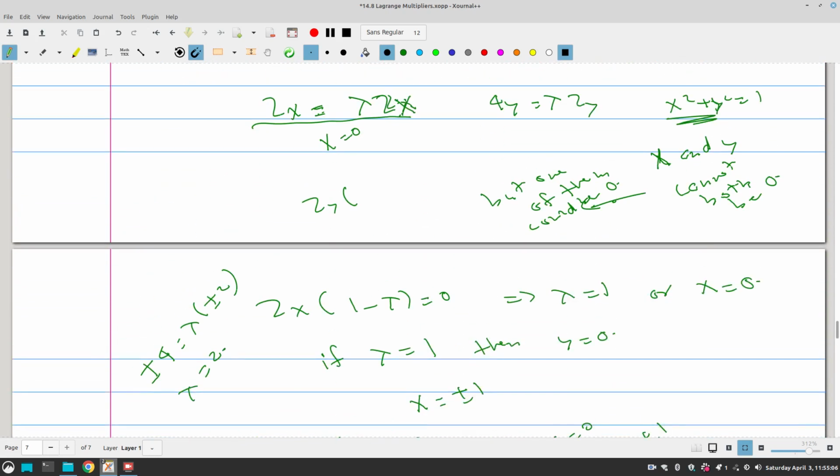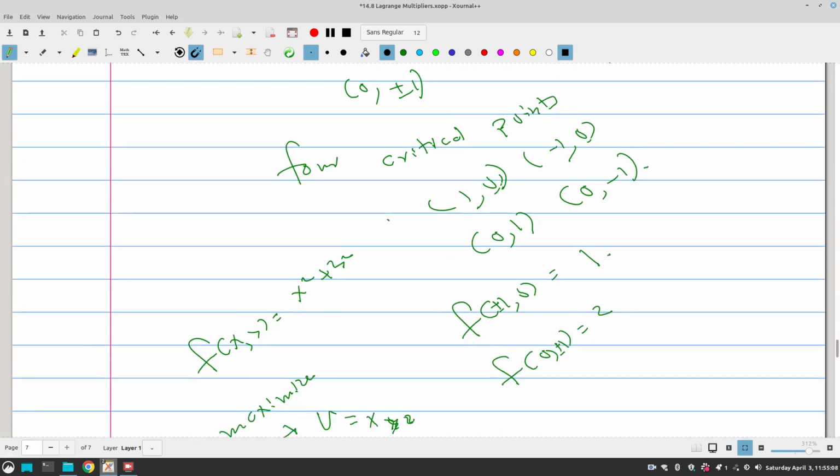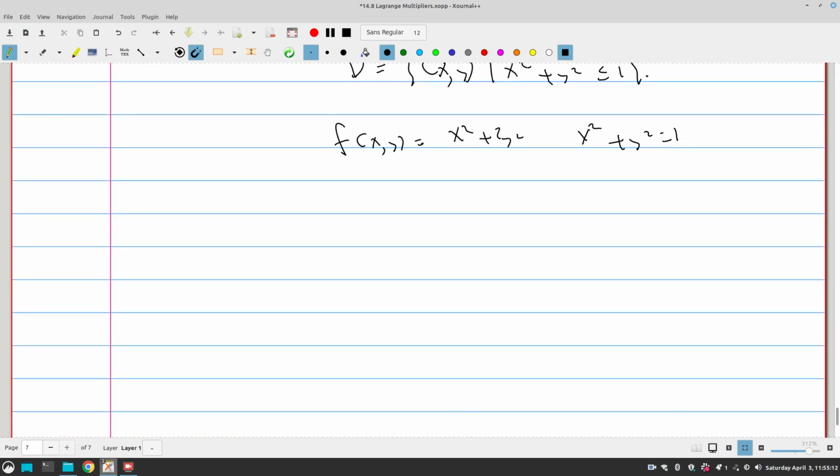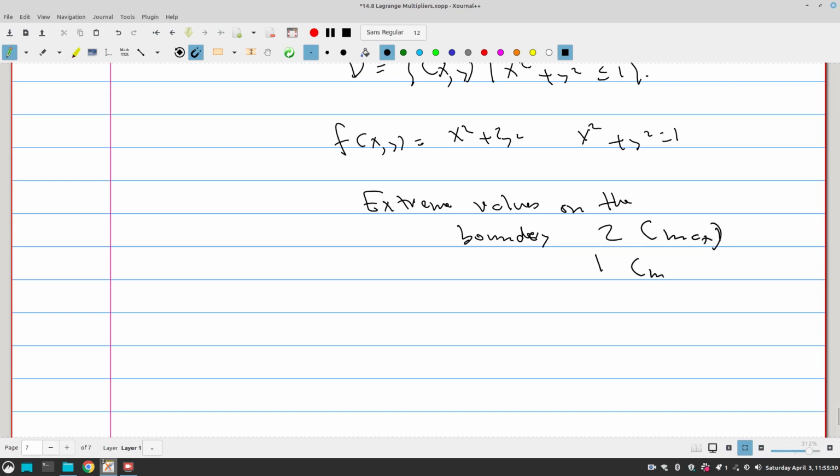They were equal to 2 and 1, I think. Yeah, 2 and 1. So the extreme values on the boundary are 2 maximum and 1 minimum.